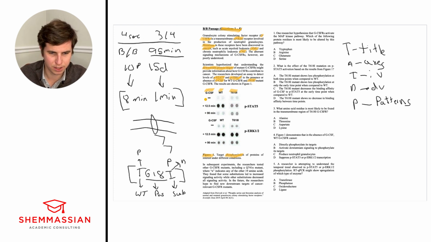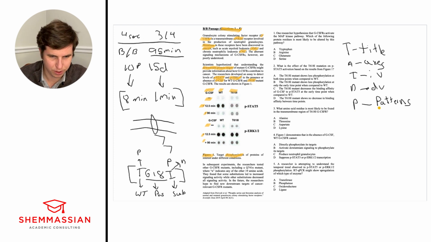So we go from none, that's the presence or absence, and then a certain amount of time, 12.5 minutes and 90 minutes, and then we have the same thing down here. And then dependent variable is all of these little spots in here, which is showing us levels of phosphorylation for the wild type or the mutant for these different proteins, and whether or not they're present.